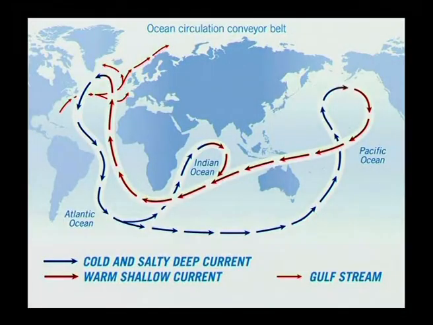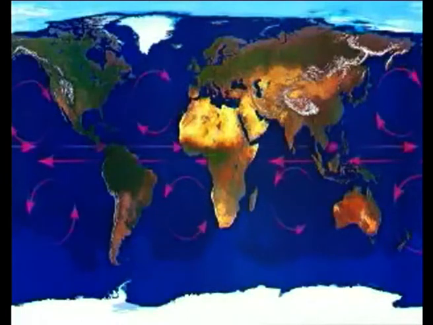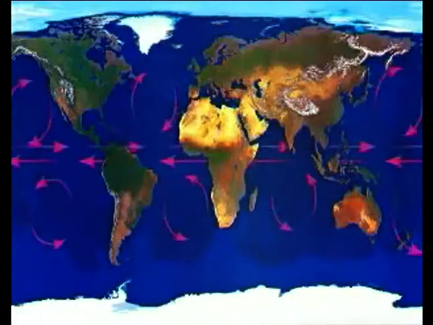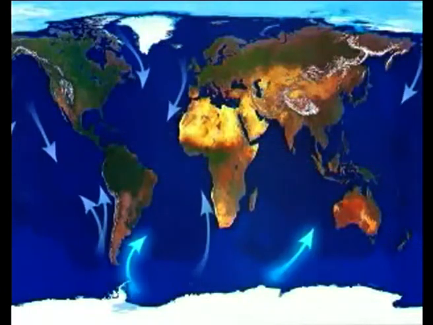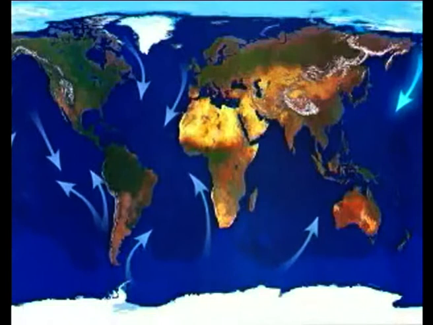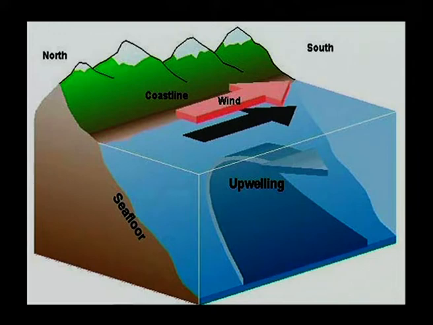The result is vice versa when a cold current moves from the poles to the tropics. Transportation of heat also leads to transportation of nutrients. Without ocean circulation, the ocean would be lifeless, but due to circulation, oxygen is moved from the surface to deeper parts and colder, nutrient rich water is upwelled.